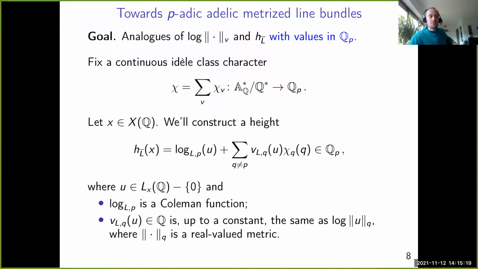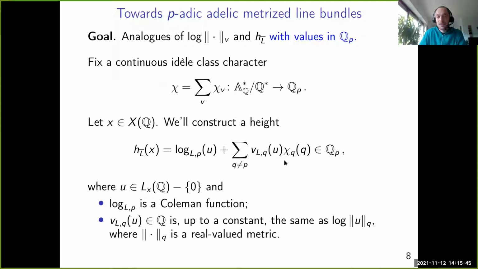So what we want to do is to start with a point x, a rational point on big X. Then I pick again a non-zero vector u on L above x. And then the p-adic height is going to be of this form. Well, there's a first term, which is a function log L_p of u. So this is somehow the contribution at p. And that's going to be a Coleman function.